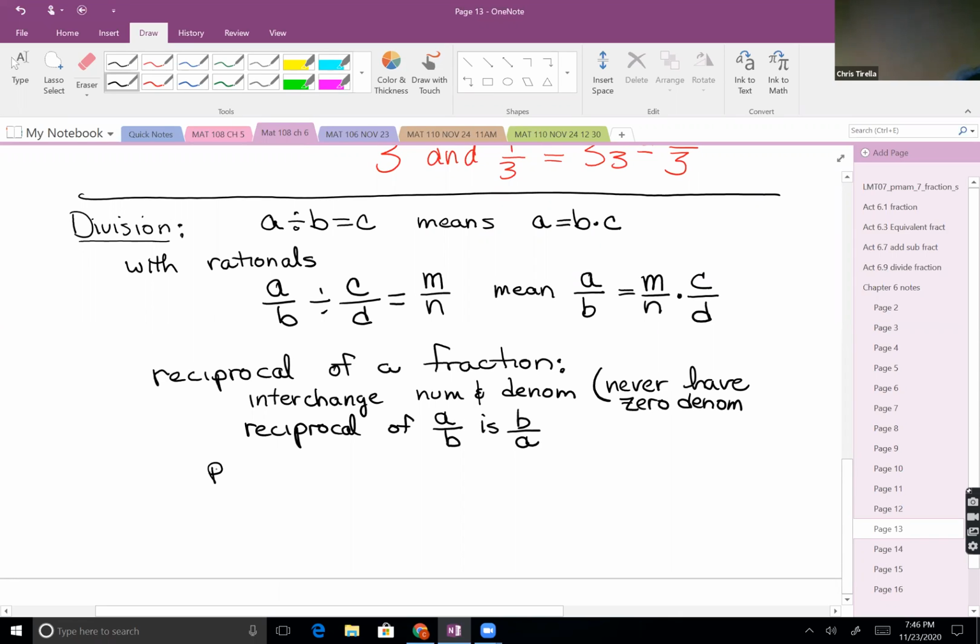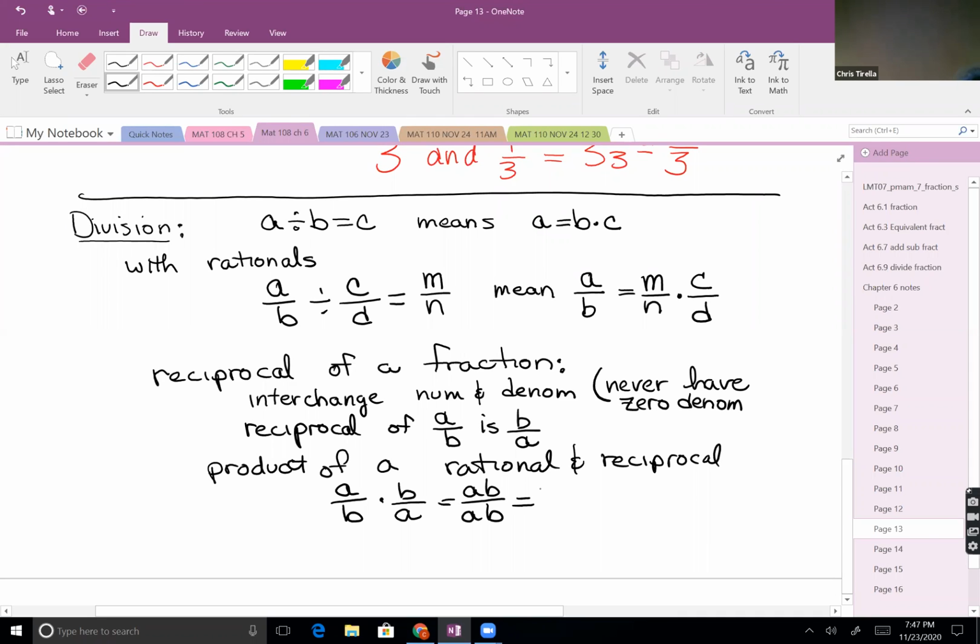And if I look at the product of a rational and its reciprocal, if I have A over B times B over A, that would multiply to AB over AB, which is 1.